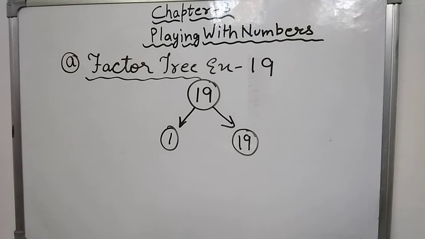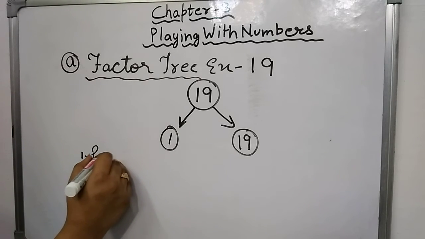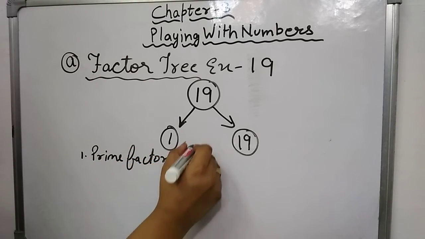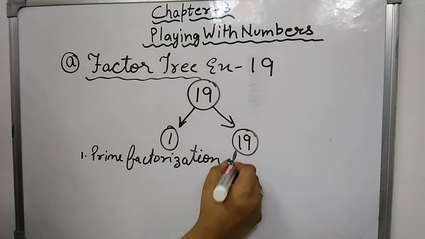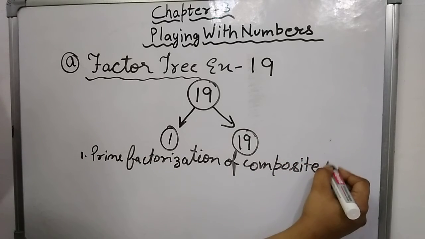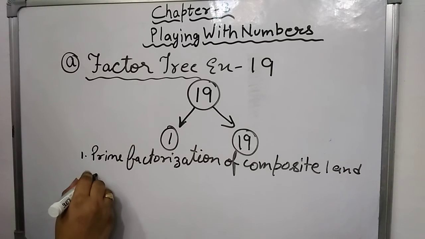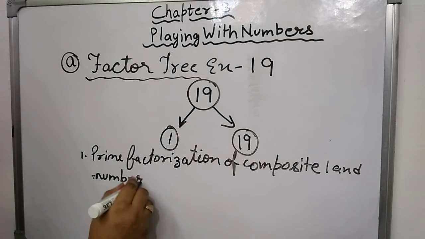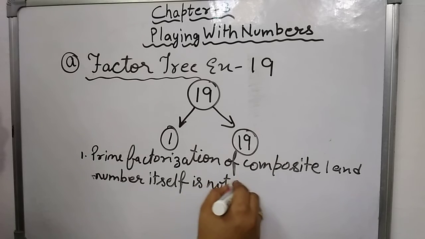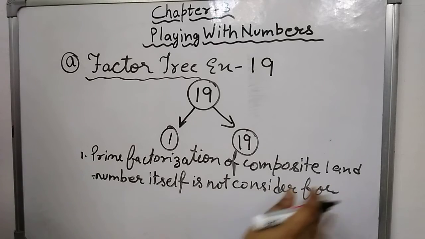There is one point: during prime factorization of a composite number, number 1 and the given number itself are not considered for factorization.